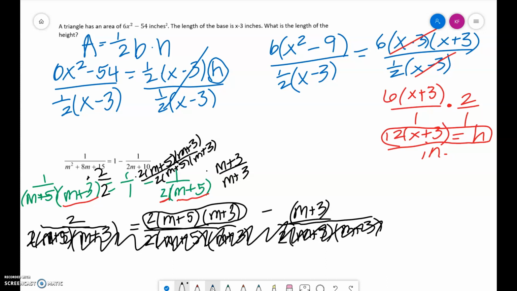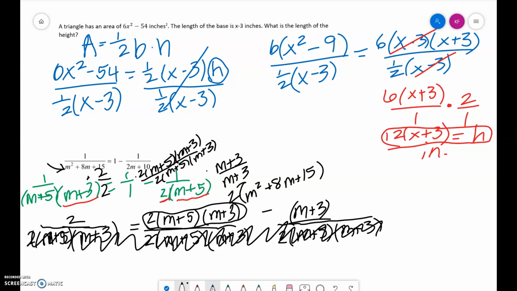We know that m plus 5 times m plus 3 is the m squared plus 8m plus 15, because that was where it came from over here. So we really have 2 times that in the numerator.